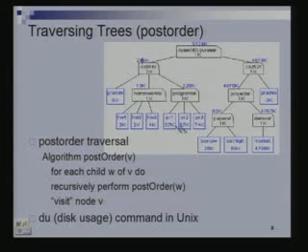So the way it would list it out is, if you were to type the disk usage command in this directory, it's first going to list out the total space occupied in this directory, then the total space occupied in this directory, and then eventually at the end it will list out the total space required here, because it would have computed this only after it had done this computation. And how does it do this computation? In a recursive manner. That is, to compute the total space required by this directory, it's first going to compute the total space required here, then the total space required here, and then add them up to get the total space required here. So that would be a post order traversal.